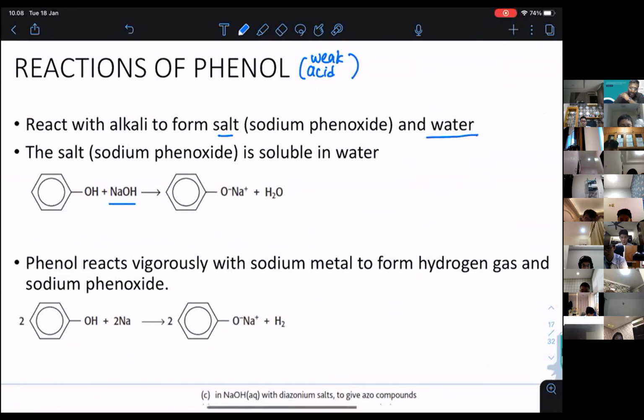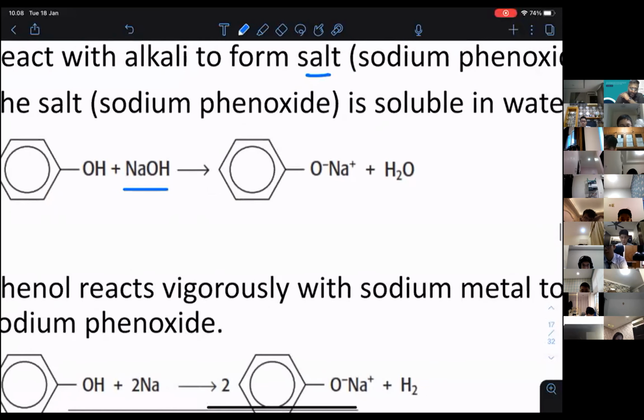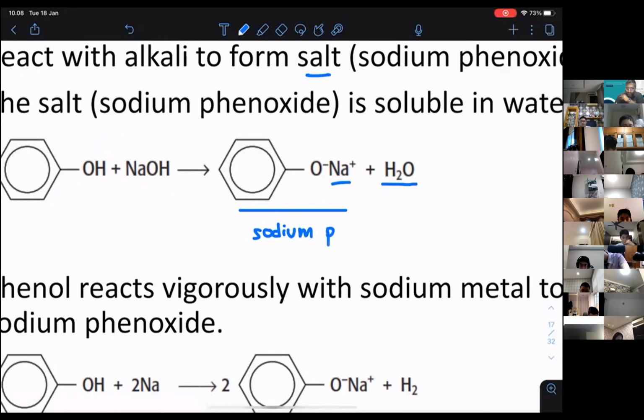The O minus stays there, the Na plus comes over here, and the H and OH give you water. So this salt is going to be known as sodium phenoxide.